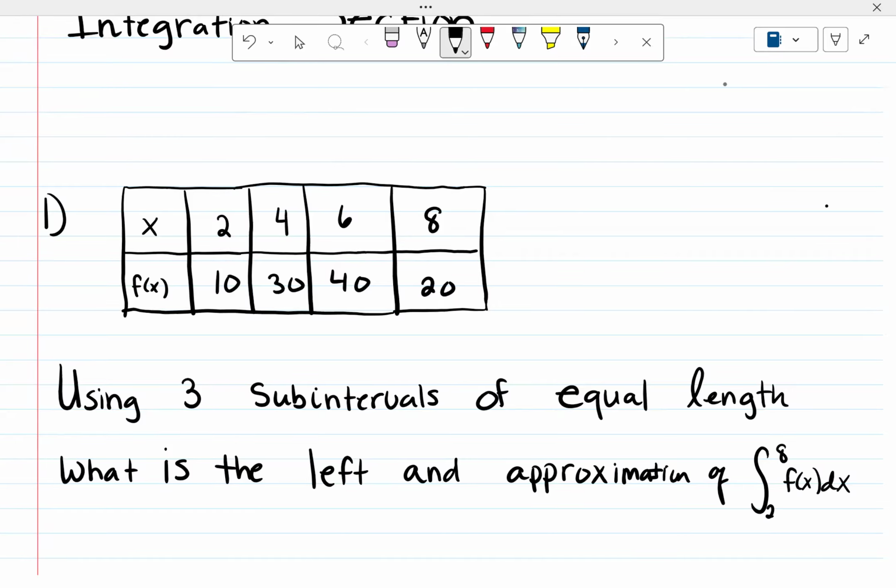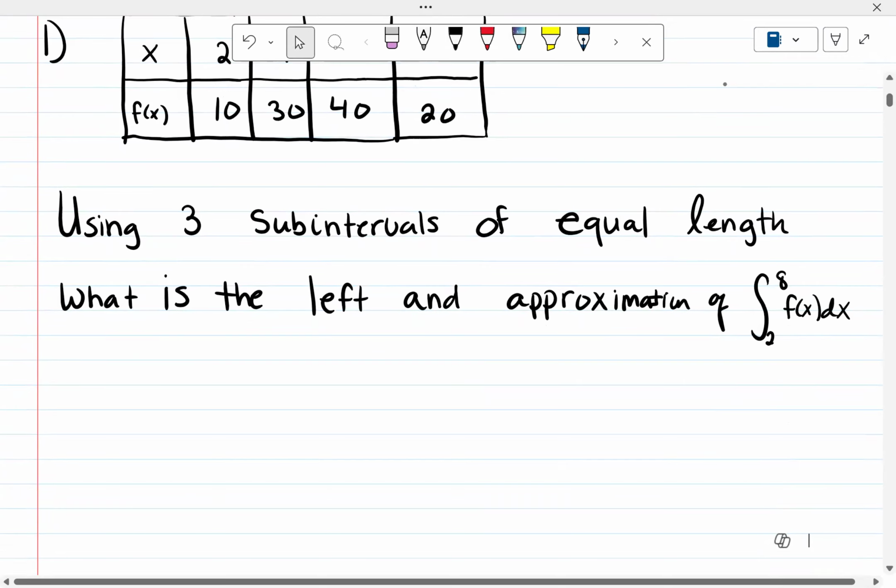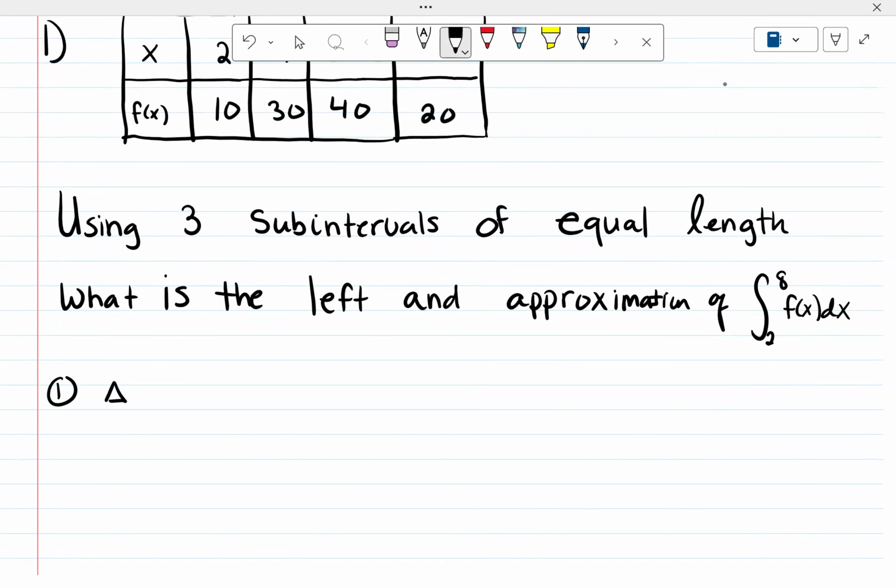First, what we've got to do is find delta x. Step one: my delta x is going to be b minus a all over n. My b value is the largest x, so that would be 8.